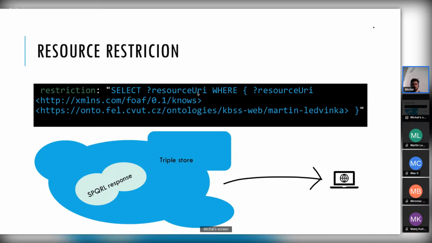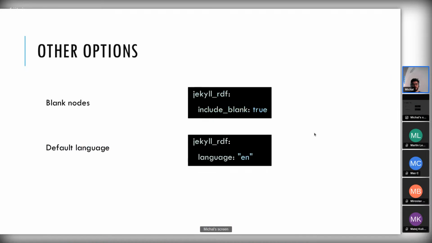So all resources that know Martin Ledvinka will be presented here. We can use this restriction for restricting the usage of a specific template, or we can use it to restrict the data which will be rendered, meaning that those which don't respond to the query are not rendered at all, for example. So that's it.